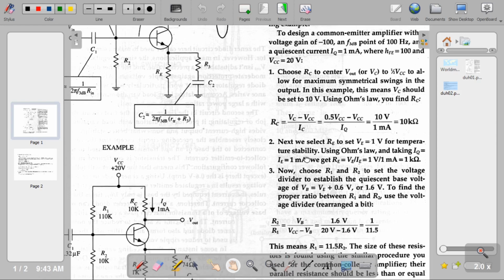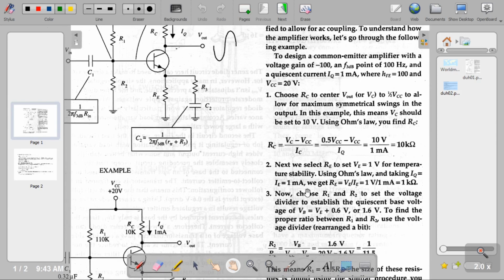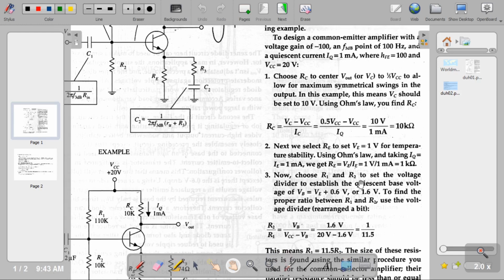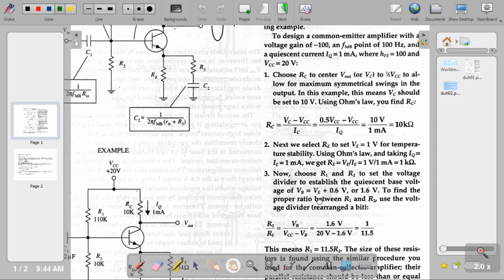Now the interesting part is he has to choose R1 and R2, to set the voltage divider to establish the quiescent base voltage VB. VB equals VE plus 0.6 or 0.7. So here VB is 1.6, so he's using a VBE equal to 0.6 and not 0.7.